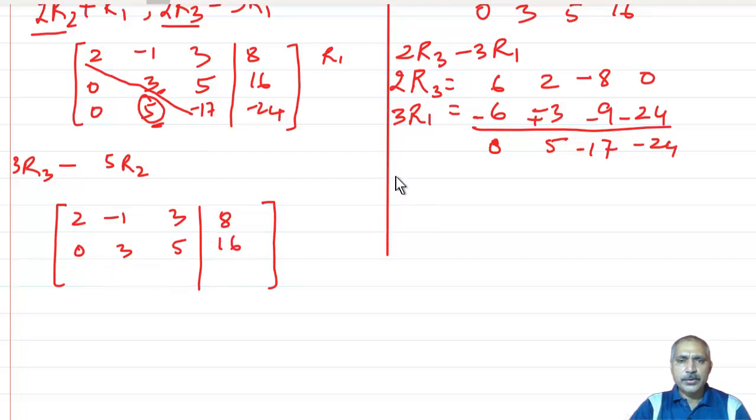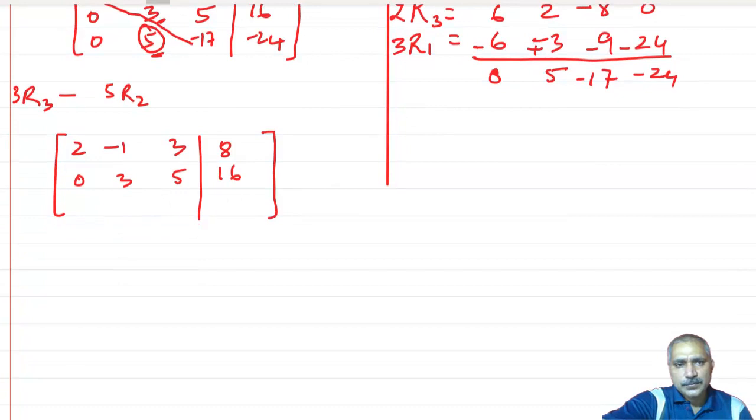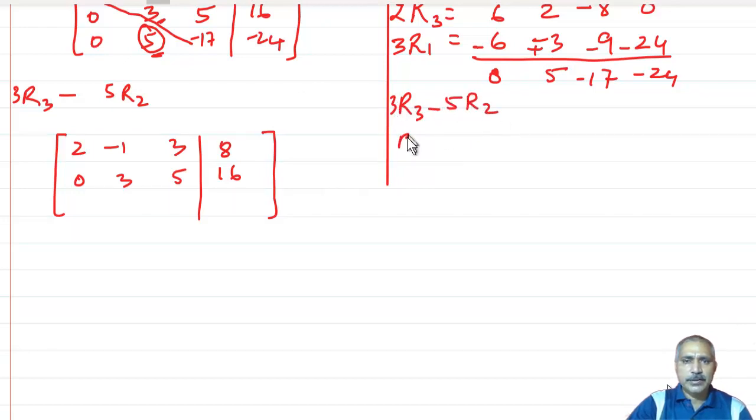Now we will be doing the operation here, that is R3, 3R3 minus 5R2. We will write the R3 elements and multiply by 3.